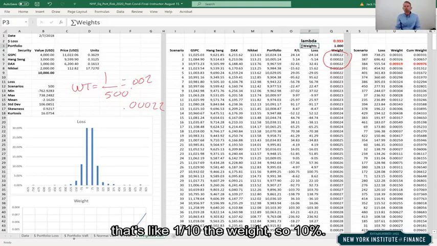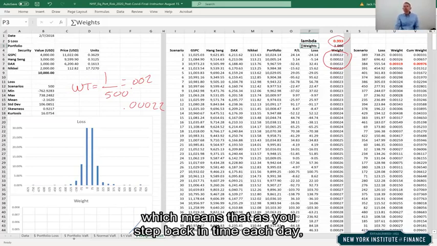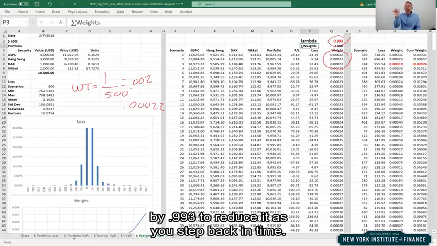So it's 10%. And the weighting we're using in this example is 0.993, which means that as you step back in time each day, you multiply the weighting by 0.993 to reduce it as you step back in time.